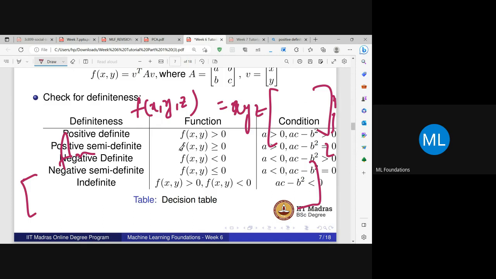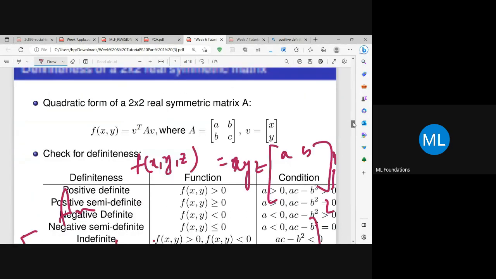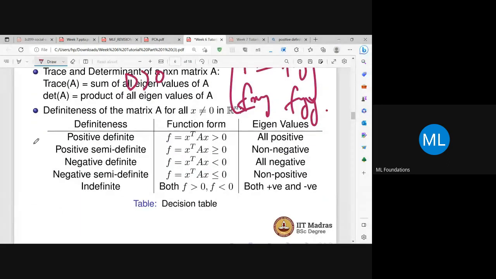You need to compare that with the function given, and whatever values you get for A, B, C, you can then write the matrix. That's one way, and that's the lengthiest way. The other method is to see the coefficients. If the function has been given and you have been asked to calculate the matrix, the Hessian matrix is not exactly the same as the matrix that will be given.